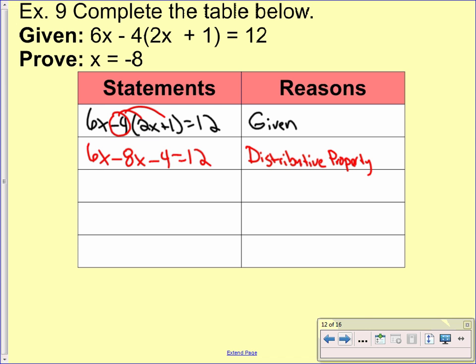Next step, I notice I need to combine like terms, the 6x and the negative 8x. So I have negative 2x minus 4 equals 12. That is not addition property of equality or subtraction property of equality. Just call that combine like terms.